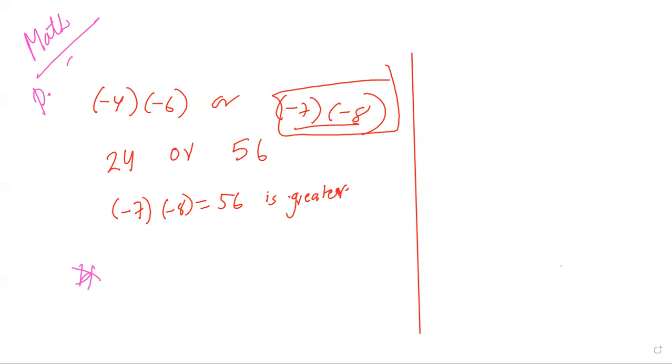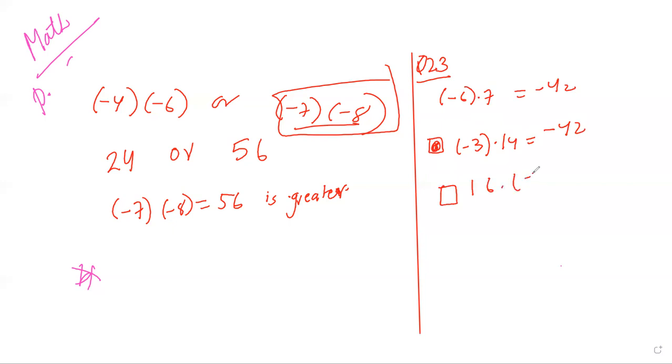Question number 23. They ask you minus 6 times 7. They want the answer. Minus 42. It is the same as, let us look at the first one. Vatin did all correct. Excellent, Vatin. Minus 42. Okay, so you got the first one. Second one, 16 times minus 3, that is minus 48.